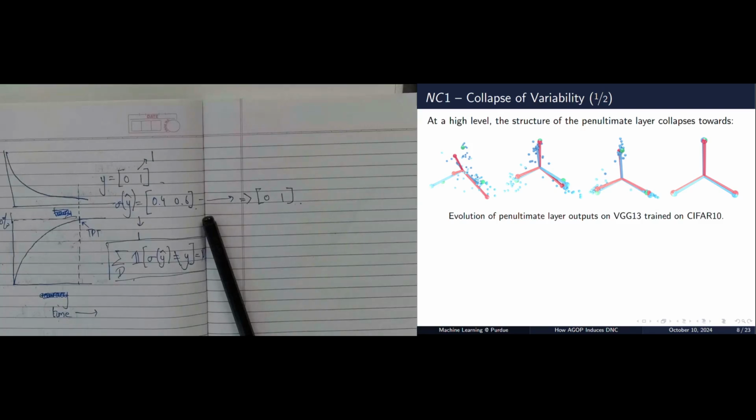So at a high level, this is the evolution of the penultimate layer outputs of a VGG13 model trained on the CIFAR-10 dataset. This is basically just the penultimate layer and its outputs, right? So if it has an output in R^3, this is basically a visualization for that.